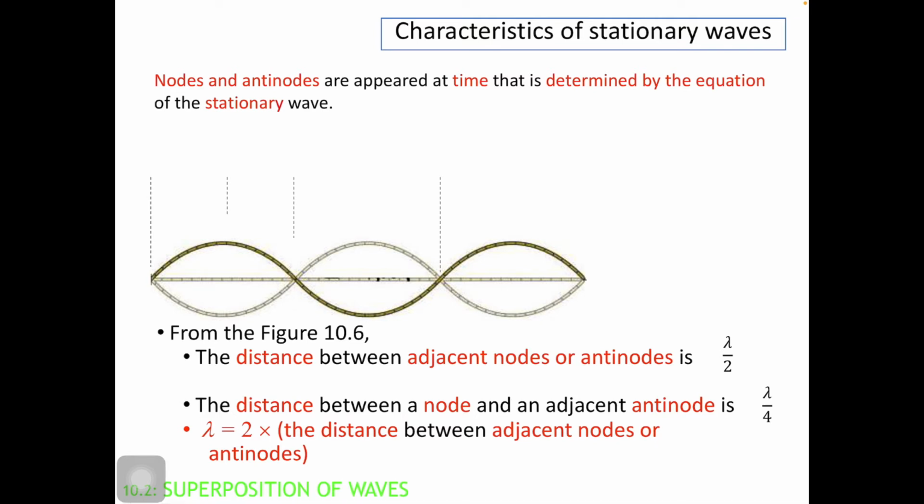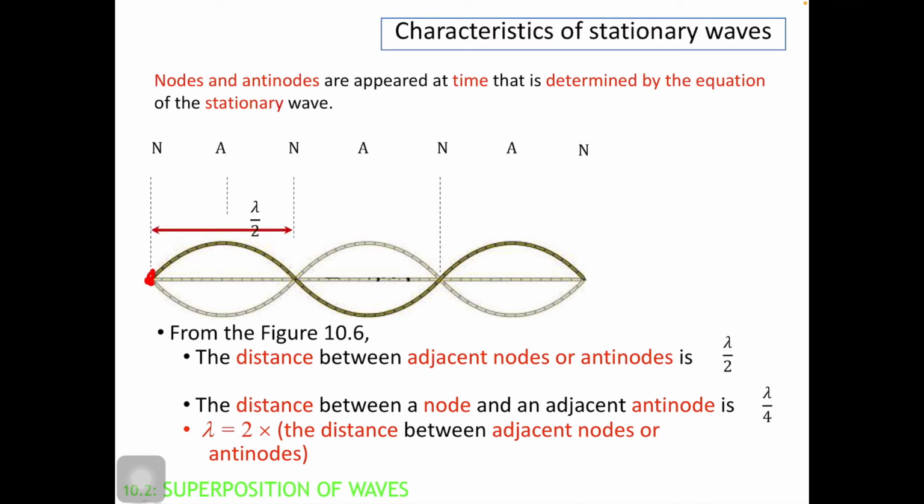Nodes and antinodes appear at a time that is determined by the equation of the stationary wave. So kalau tengok dekat sini, bila amplitude kosong, it will be node, antinode, node. A ni antinode lah, node, A antinode, dan node. The distance between adjacent nodes or antinodes, adjacent ni maksud next to each other.